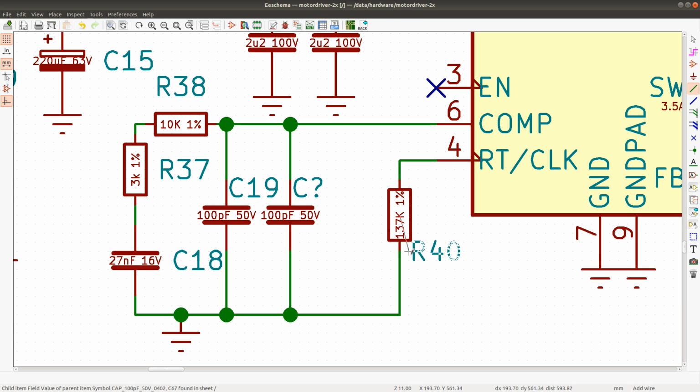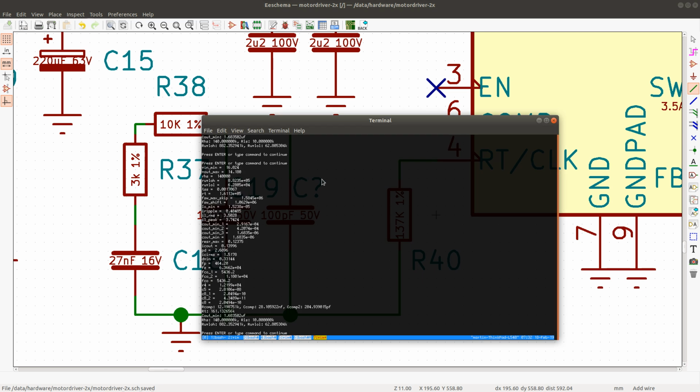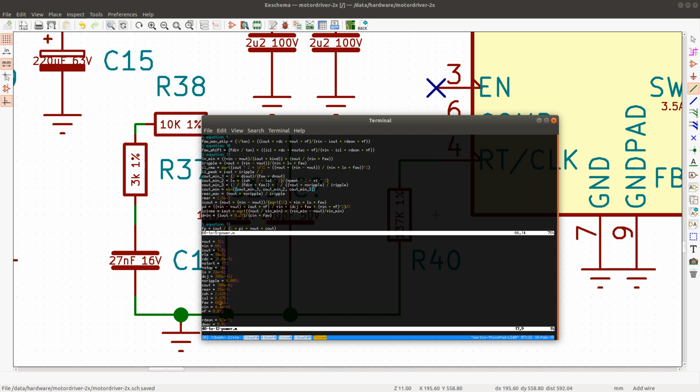So what implications does this have on the regulator then? You can easily see that. Let's see, RT chosen.